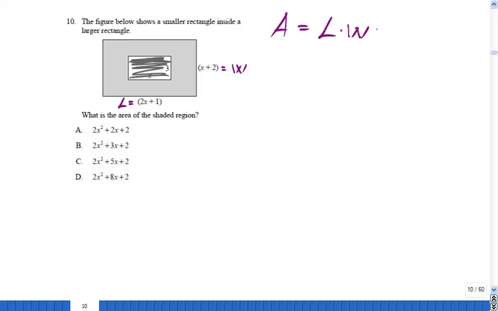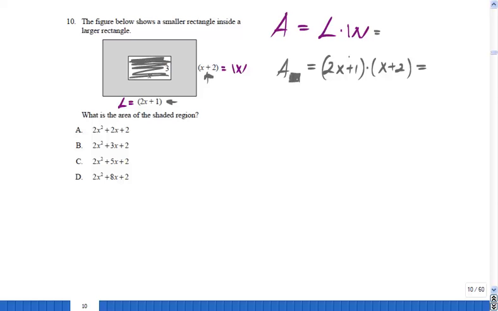Okay, and that area will be, let me write it down here. I'm going to call it the area of the dark rectangle, which is length 2x plus 1 multiplied by the width, right here, x plus 2.